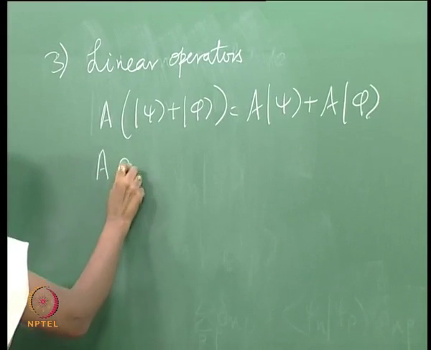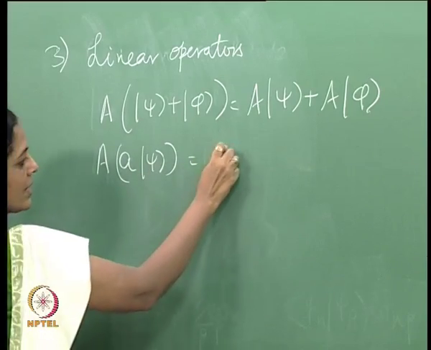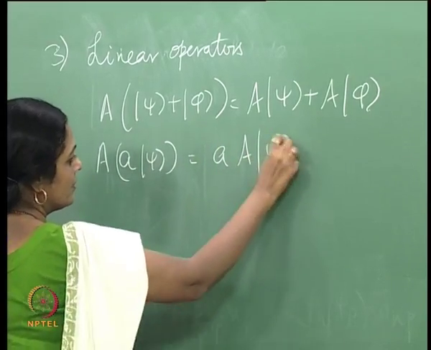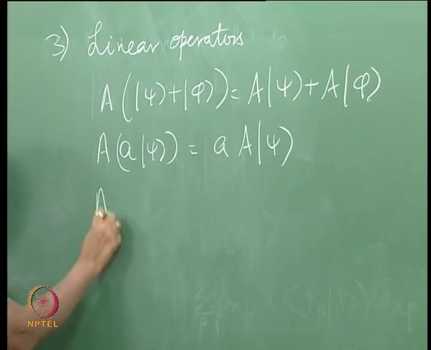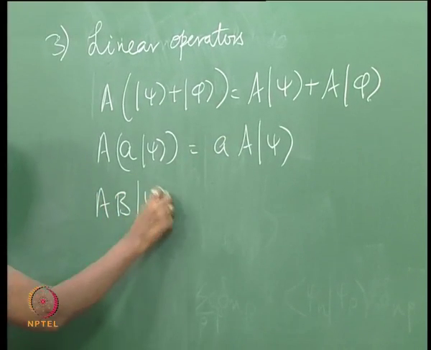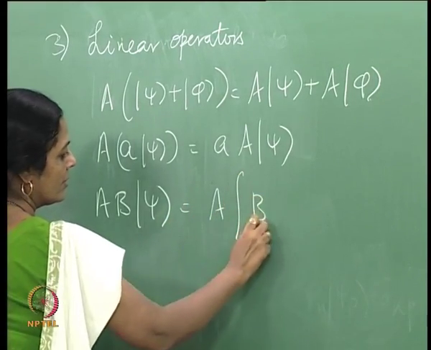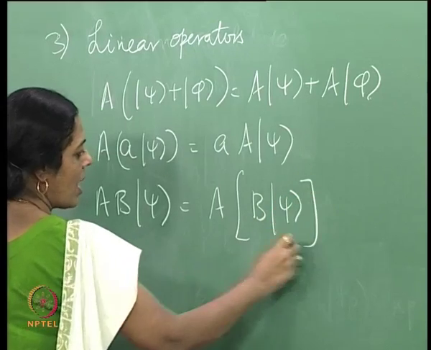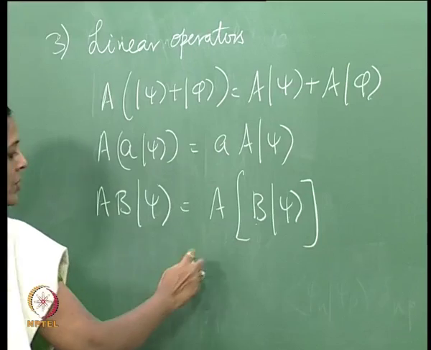Further, an operator acting on this state, where a is a scalar, is little a times A psi. And if I have two operators A and B acting on psi, that's the same as first acting with B on psi and then with A.